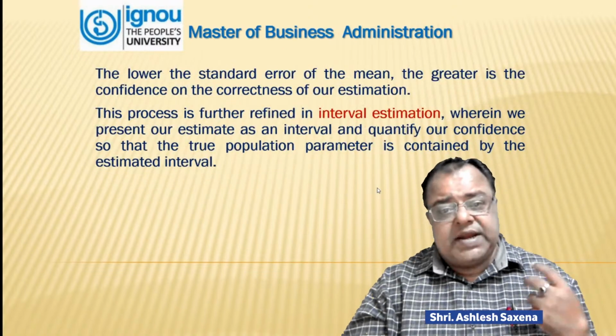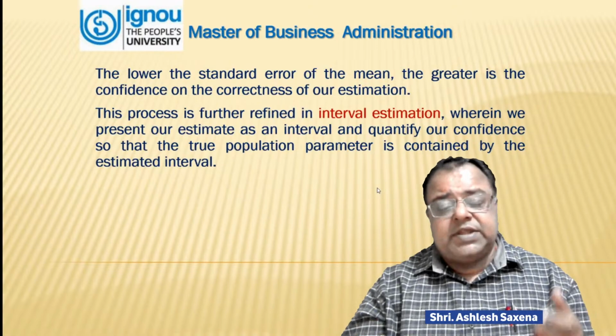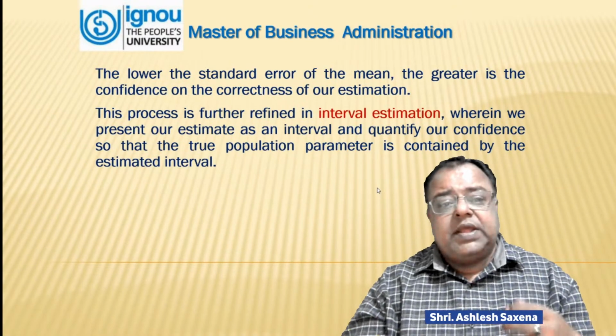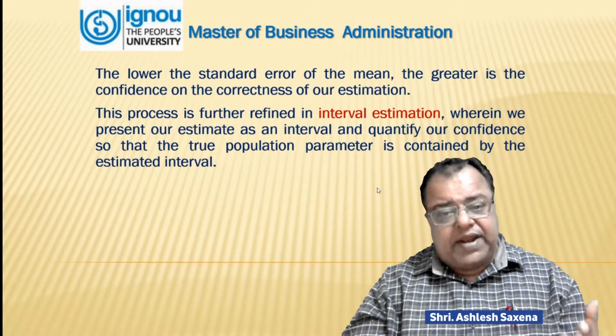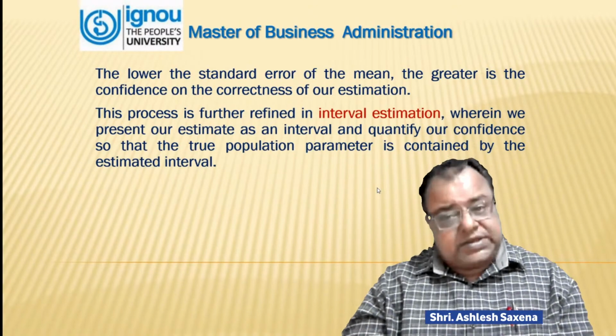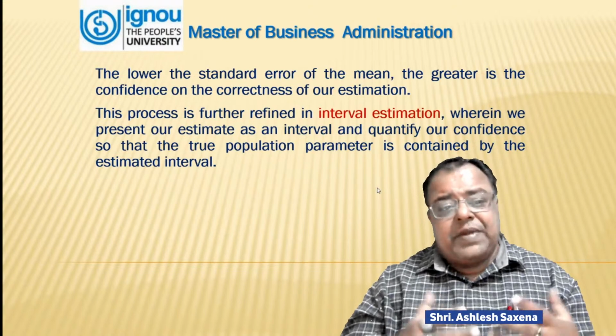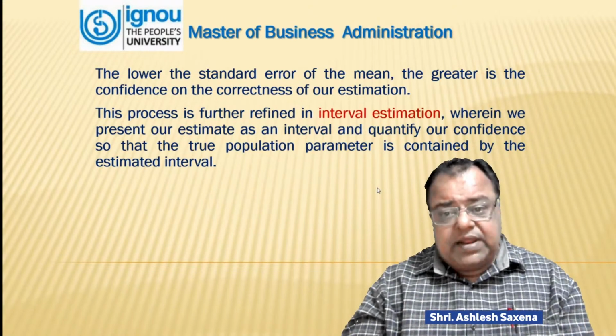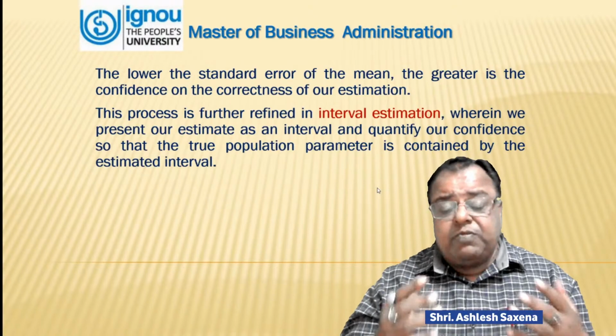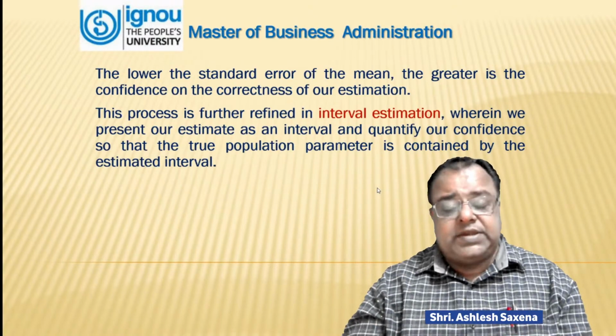The lower the standard error of the mean, the greater is the confidence in the correctness of our estimation. This process is further refined in interval estimation, wherein we present our estimate as an interval and quantify our confidence that the true population parameter is contained in the estimated interval.